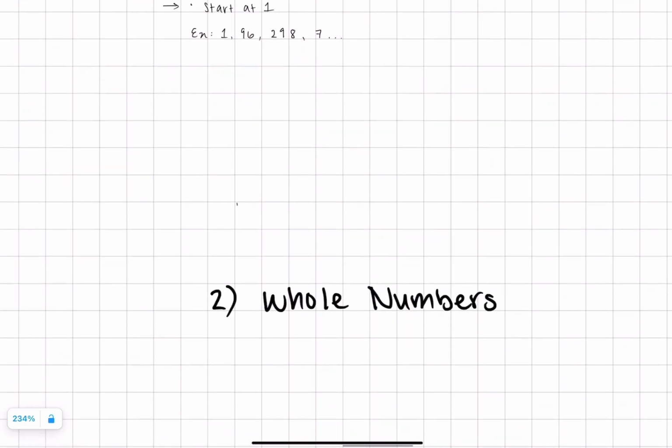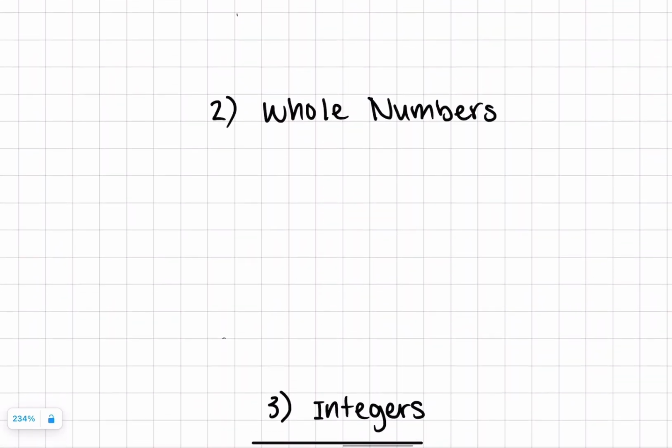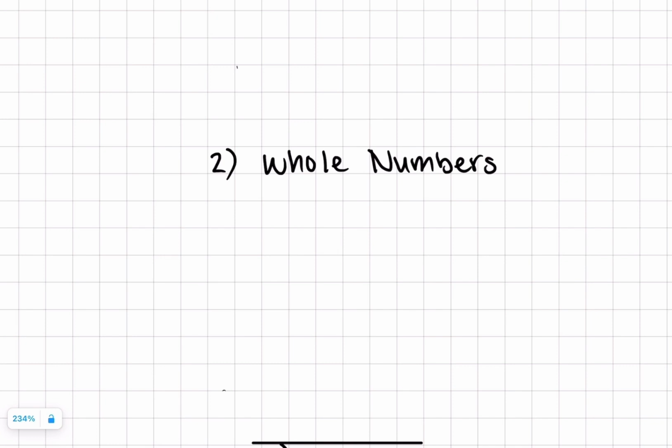So our second type of numbers are called whole numbers. Whole numbers are similar to natural numbers. They do not have decimals. They are also positive. And this time, the number 0 is included, so start at 0.